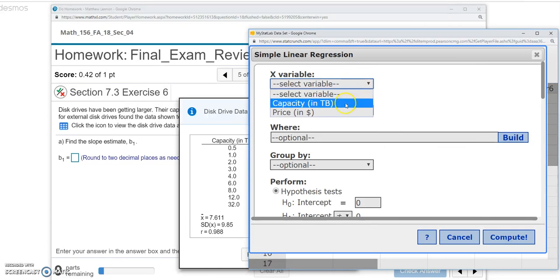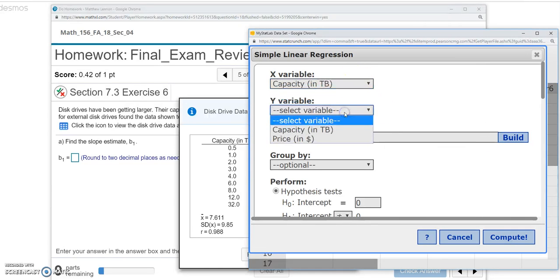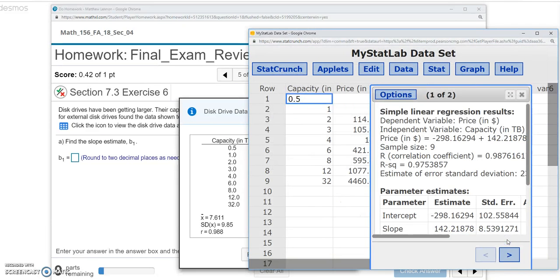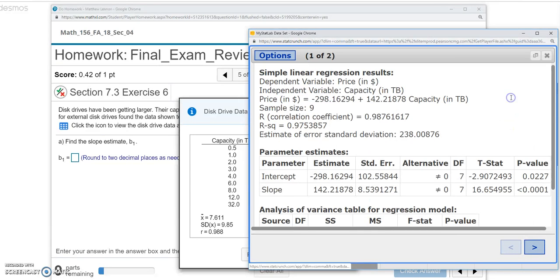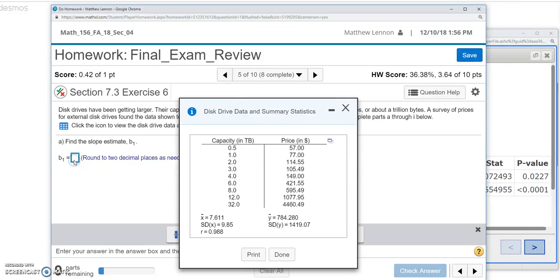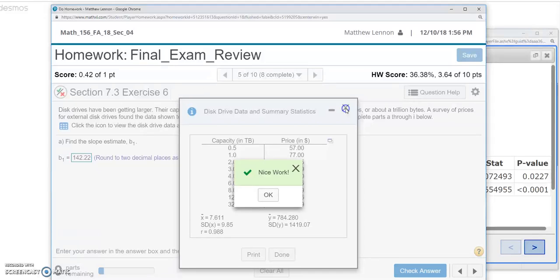The X variable is the capacity, and the Y variable is the price. So click Compute, and we see that B1 is the slope estimate, positive 142.22. All right, so we get that value.